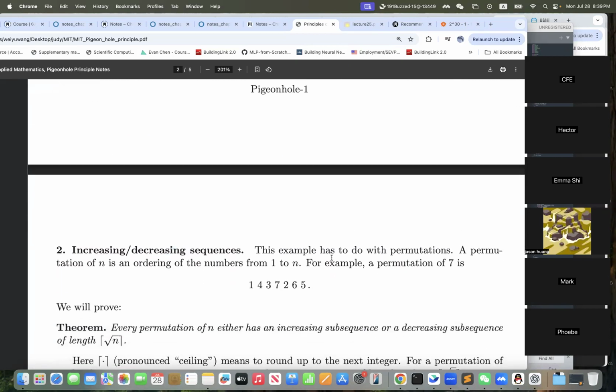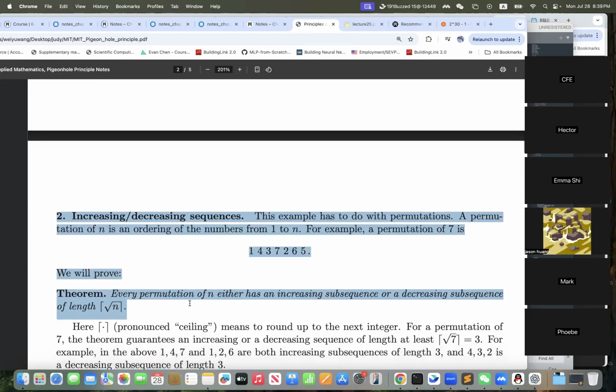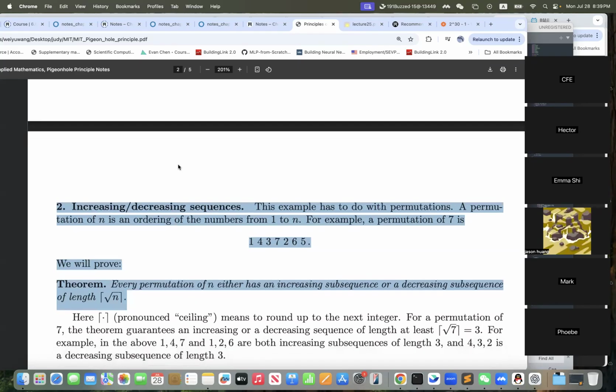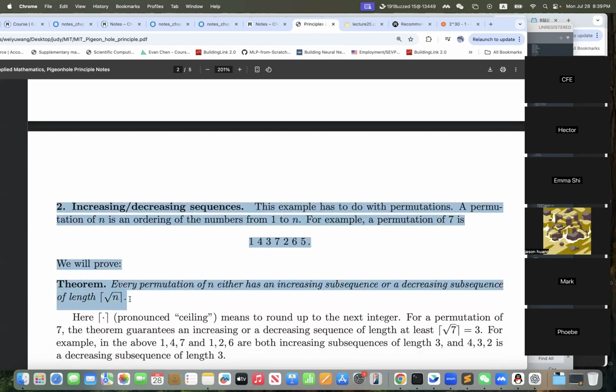So maybe Emma Shi, can you help us read the question? Read this whole question. Question 2, increasing, decreasing sequences.